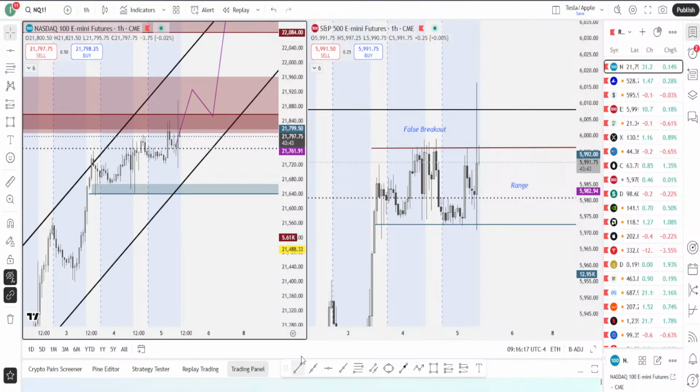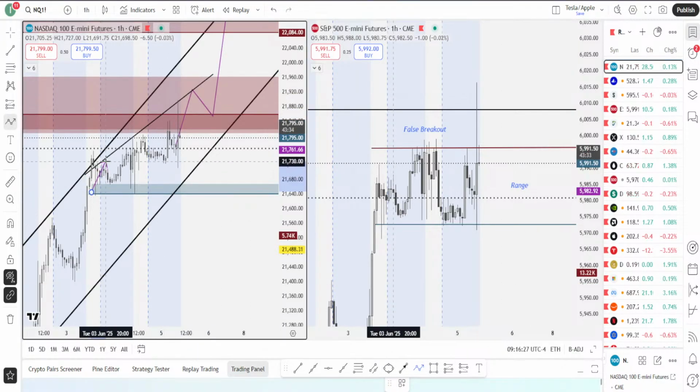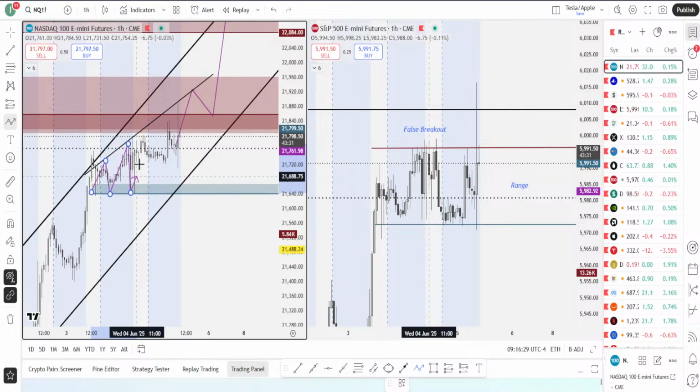So it looks like we have a triangle forming here. And price is kind of bouncing back and forth in this triangle.